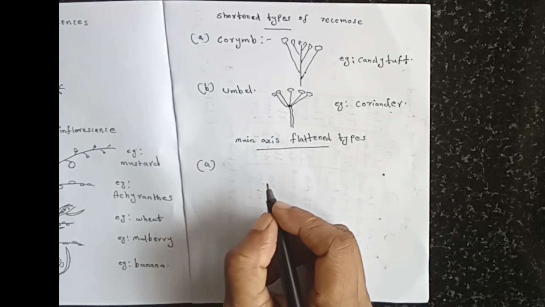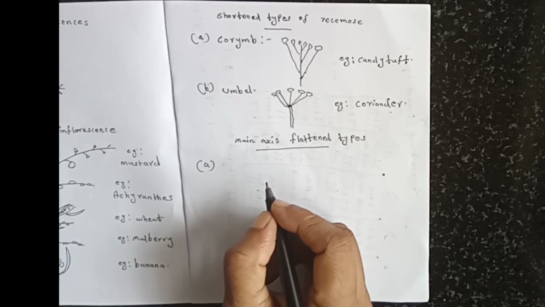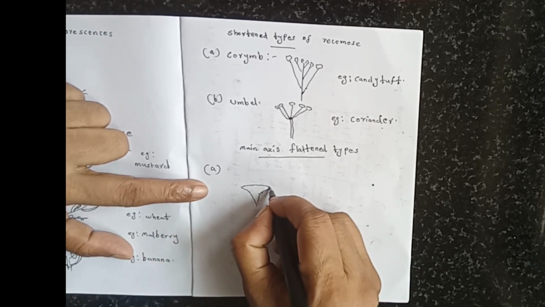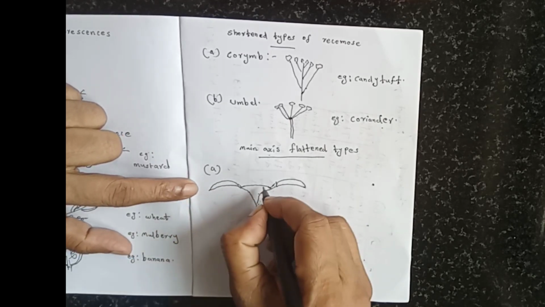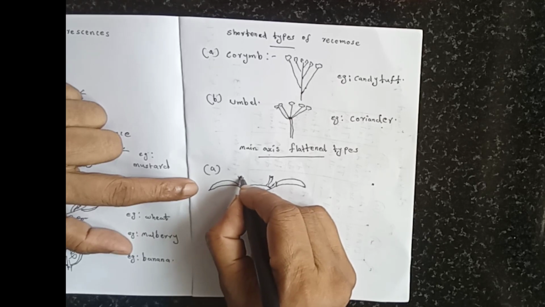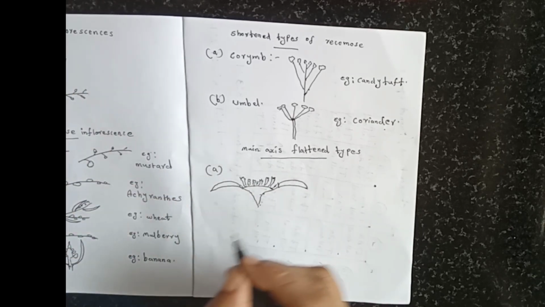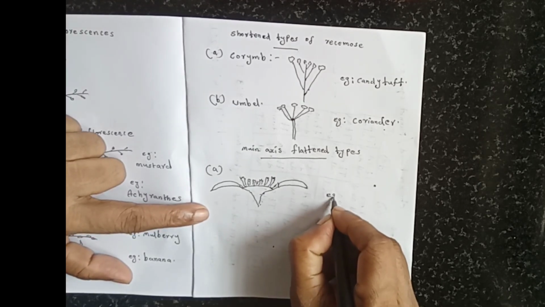In this case, sessile flowers, meaning florets, are arranged in centripetal order on a flattened convex receptacle, surrounded by an involucre. Here we draw the LS of the flower. Example, sunflower.